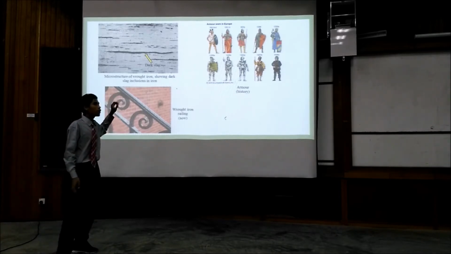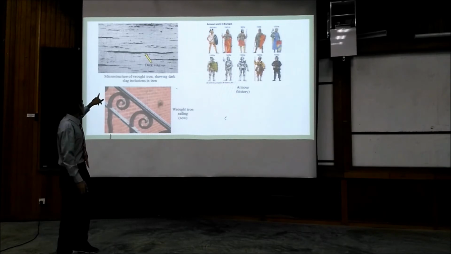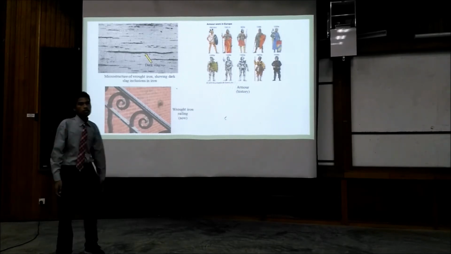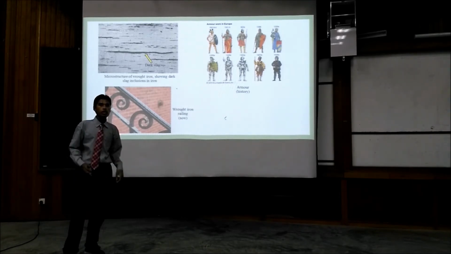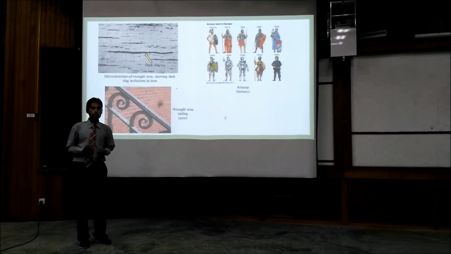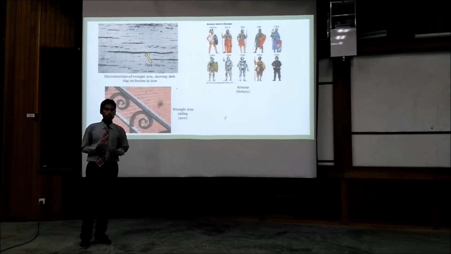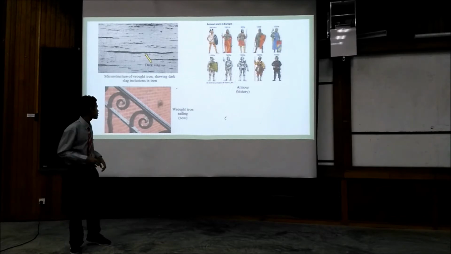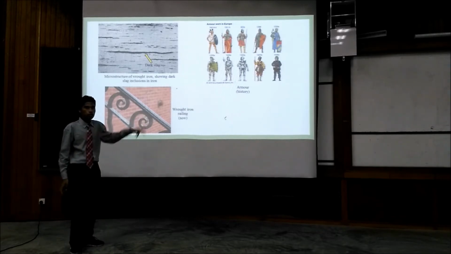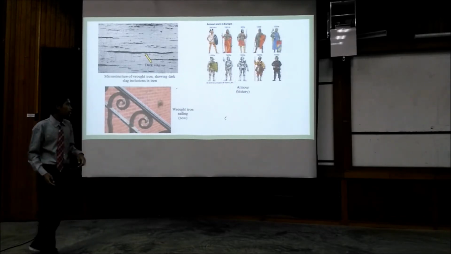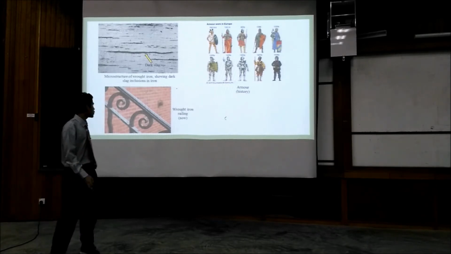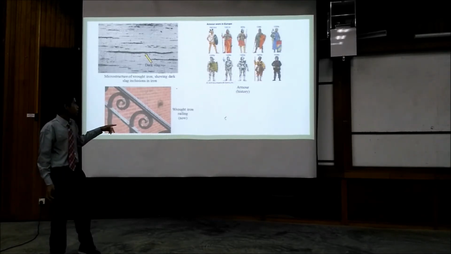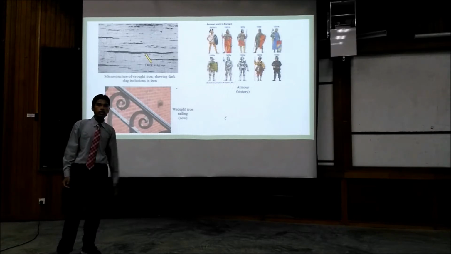The picture at the left top illustrates the slag inclusions, which help the wrought iron to prevent it from cracking when it is bent. And the other two pictures show the applications of wrought iron, which are railing and armor in ancient times.